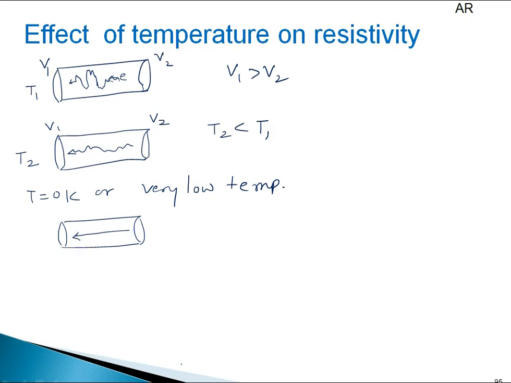Now we can consider that the conductor is transformed into a superconductor, because in a superconductor there is no loss of energy. Is it clear? So at superconductivity, what will happen? Resistivity will become 0. Reason? Because there is no collision of the electrons.